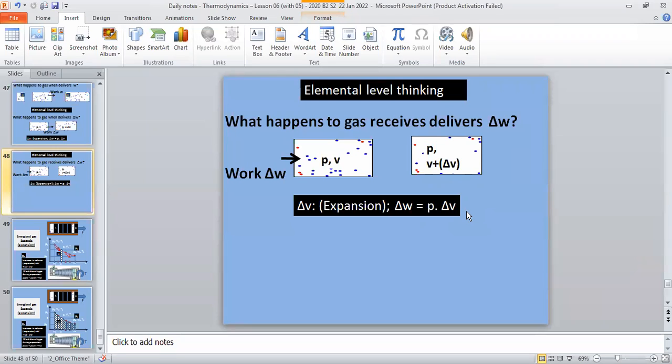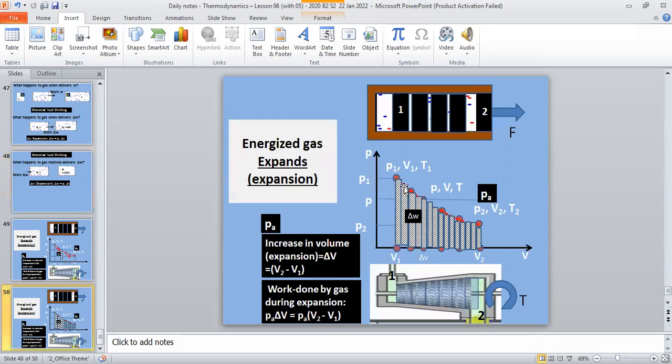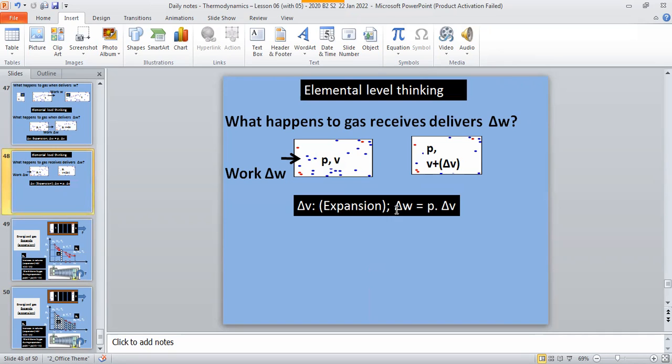So P times delta V, you can evaluate. The primary factor is that if there is work done, there is an increase in volume, or if there is work received by the gas, there is a shrinkage of volume. Of course, when there is heating it's a different story, but there is a corresponding shrinkage-like effect if there is work done. That is very important. Work done is there, there is a change of volume. So this is how we are evaluating. I will bring this here.